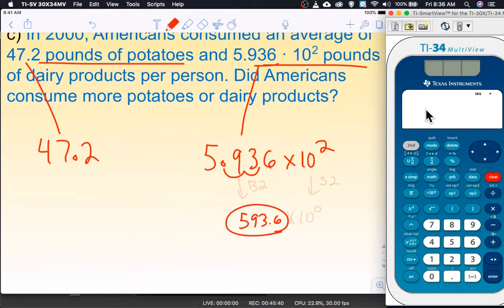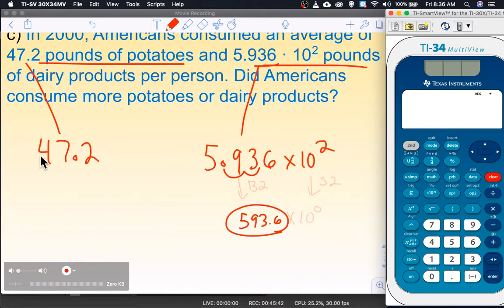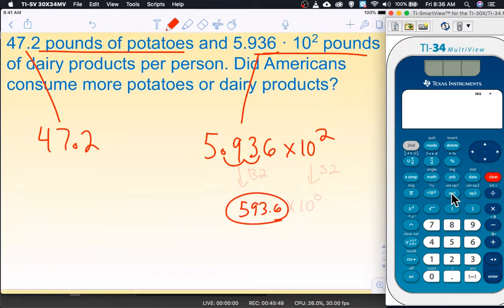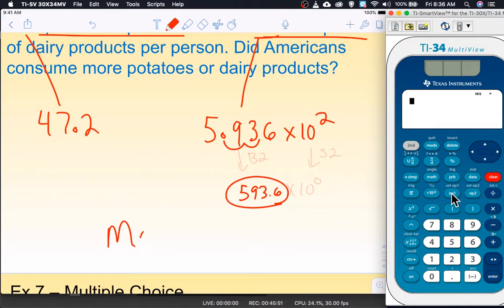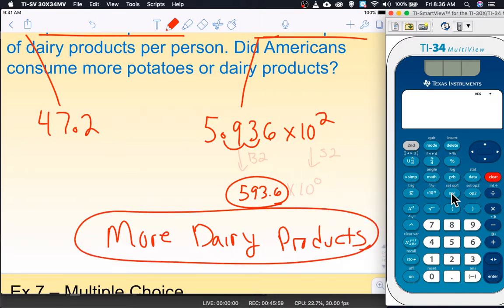So what was bigger, the pounds of potatoes at 47 or the pounds of dairy at almost 600? Yeah, it's definitely dairy. By a lot.